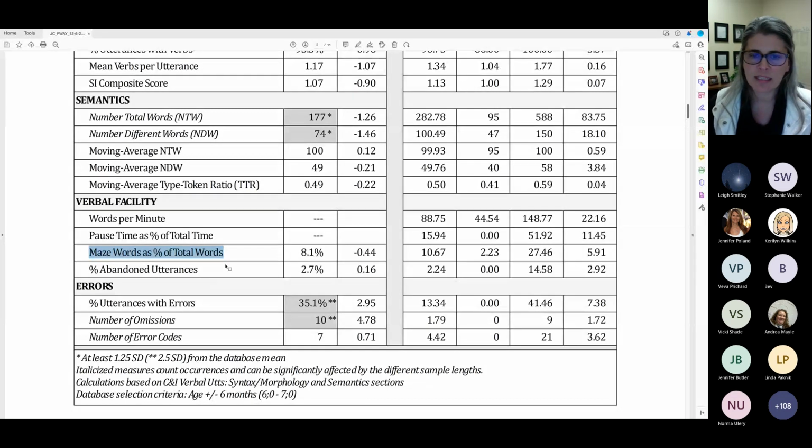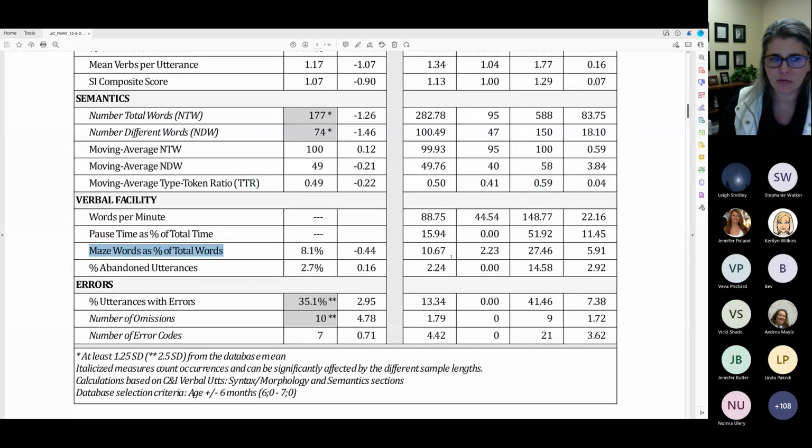Those are those things in parentheses that were in the sample below. So sometimes you will see that this measure is significant because it indicates that they're having a hard time organizing their thoughts in order to convey their ideas.